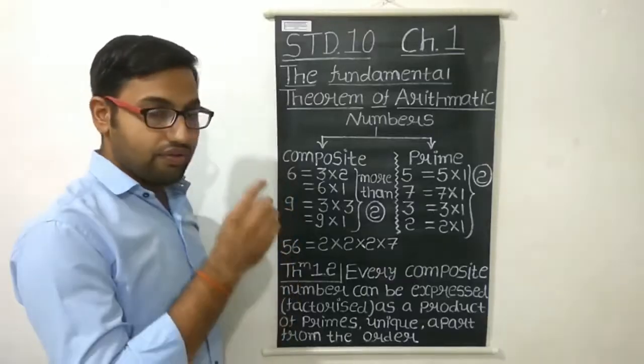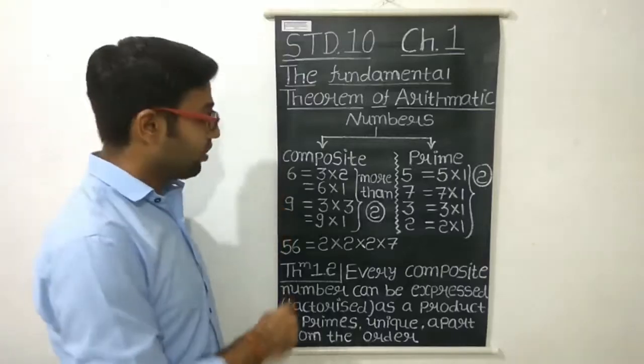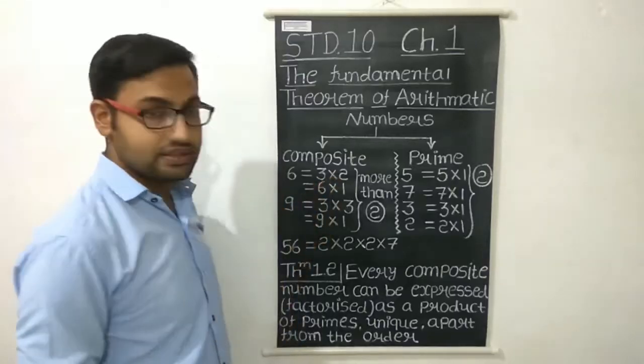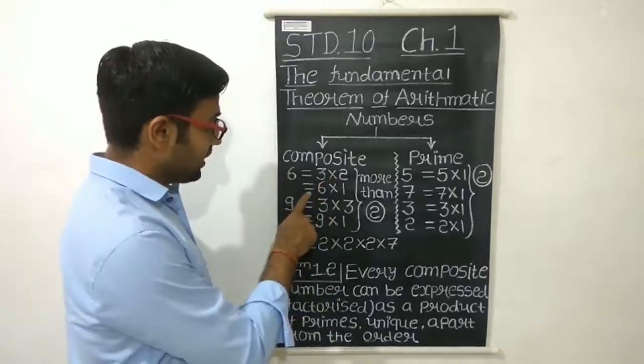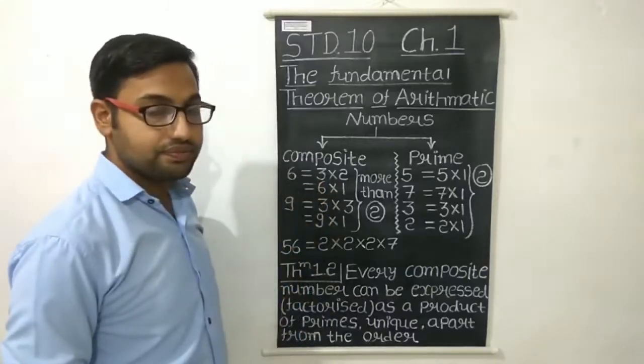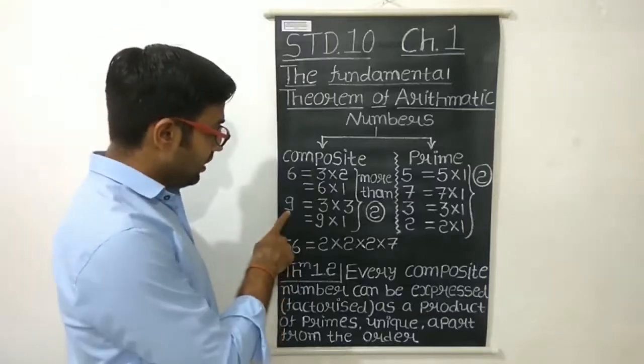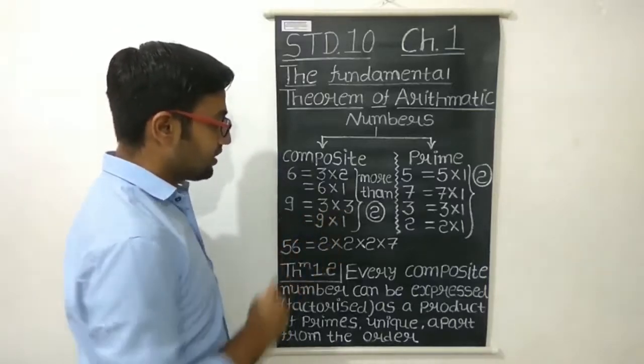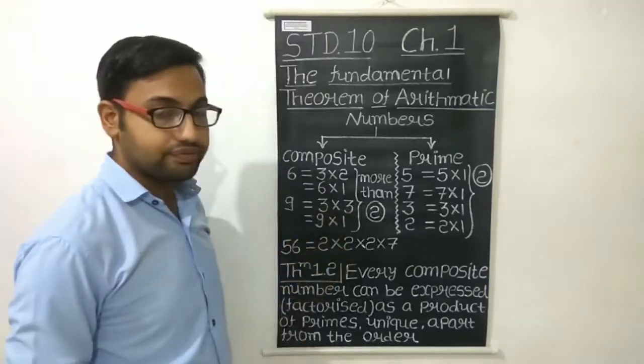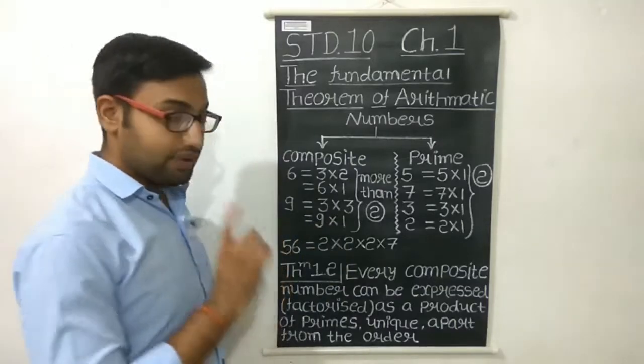See here, if we take number 6, then what will happen? If we factorize this 6, what we will get? 3 2s are 6. Other factors we get 6 1s are 6. Let us consider 9. 9 we can write down as 3 3s are 9 and 9 1s are 9. Right? What is the meaning of factor?